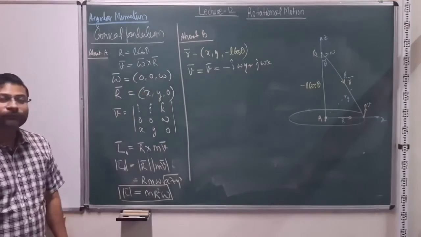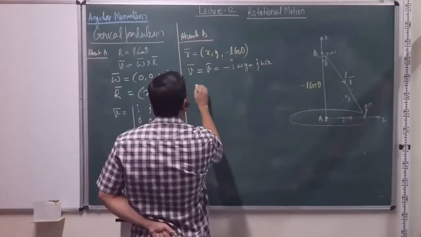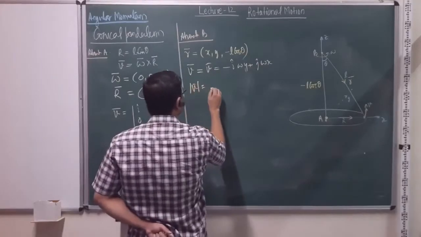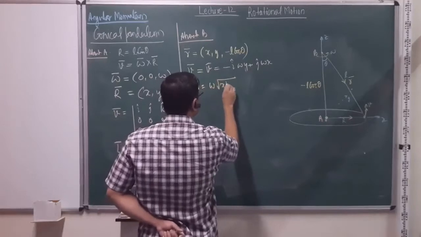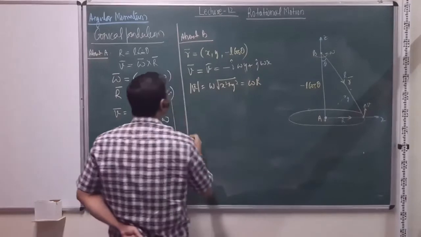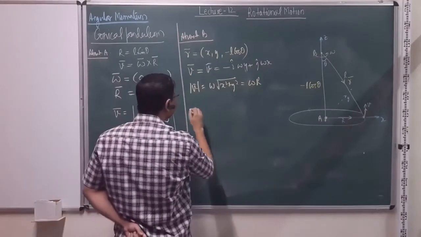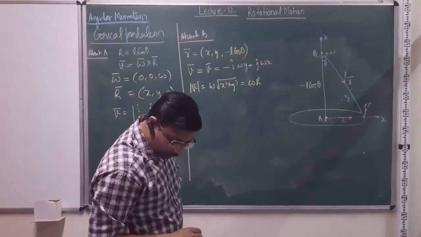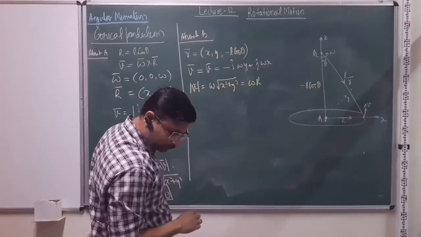So this is the velocity. The magnitude of v is omega times the square root of x square plus y square, which is nothing but omega r.